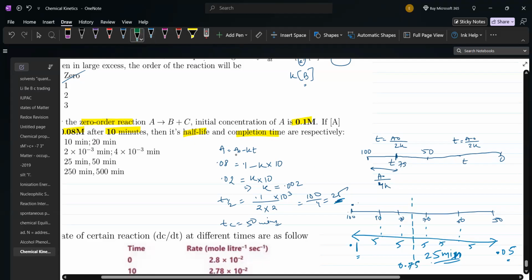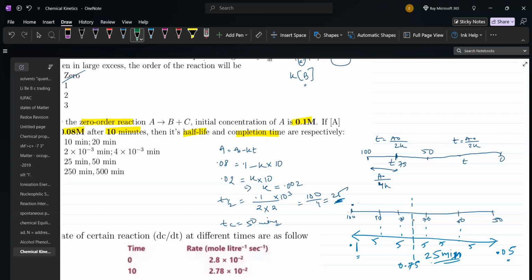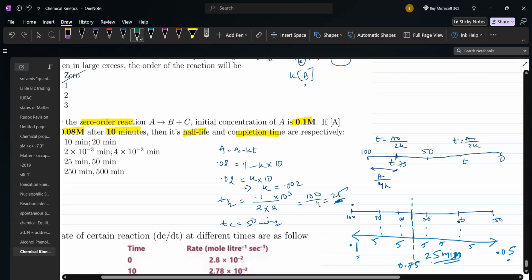The concentration will be 0.75, and the time will be what? Since from this to this we have spent 25 minutes, from this to this it will be 12.5 minutes, right? Can we say or not?